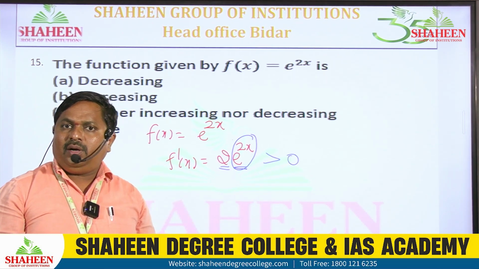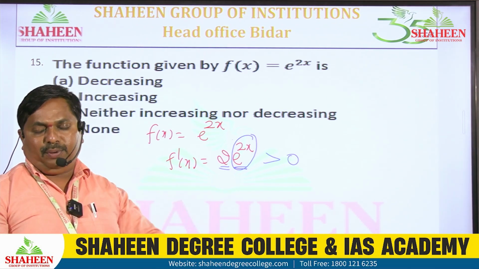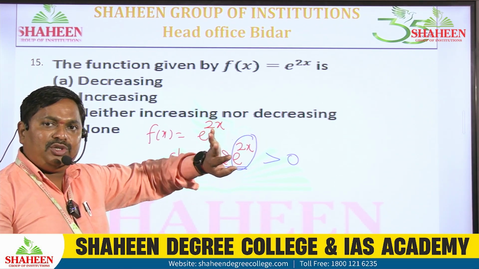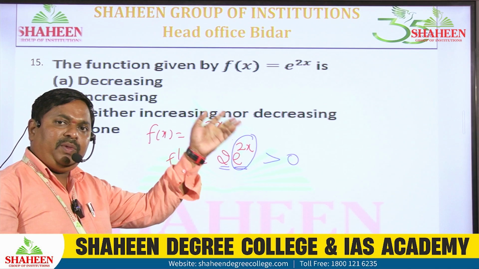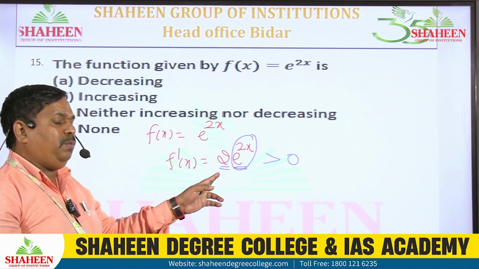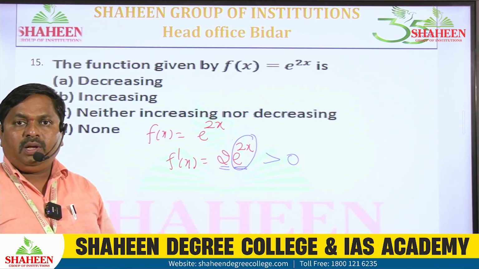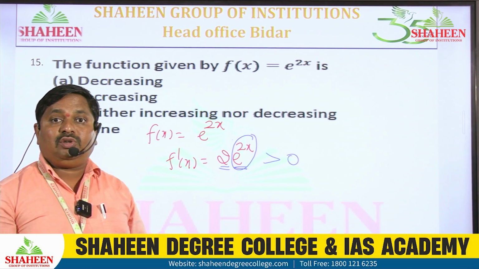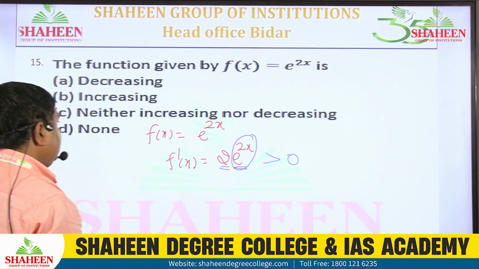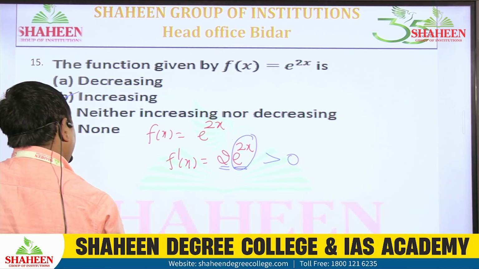The power may be positive or negative, but the exponential value is always positive, then positive into plus 2 is also positive, then it is greater than 0. The first derivative is greater than 0, then the given function is an increasing function. The second option is correct.